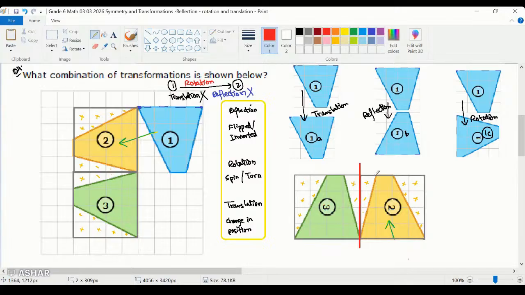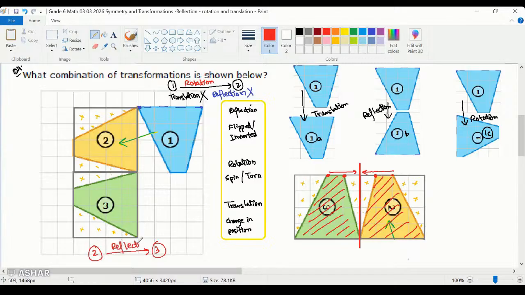Because this was at a distance of one box, this is at a distance of one box from here. This was at a distance of two boxes, this is at a distance of two boxes, right? So what we can say is this shape is a reflection of this shape, right? So from 2 to 3, we can say it is a reflection because the images are inverted to each other.